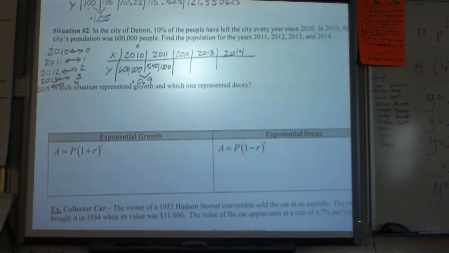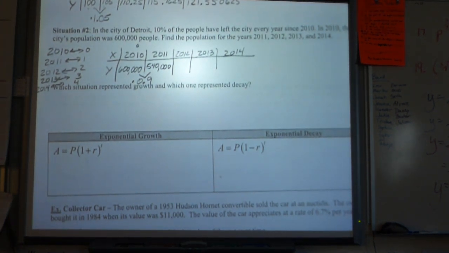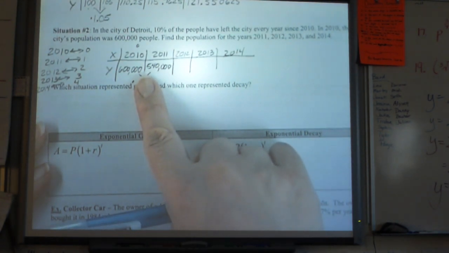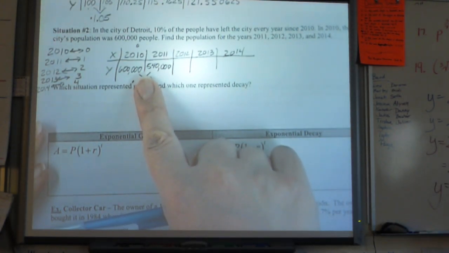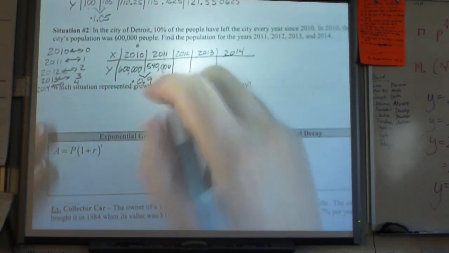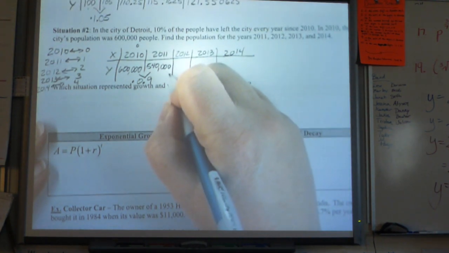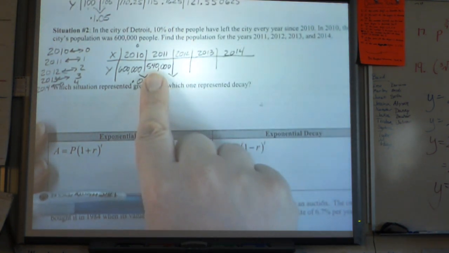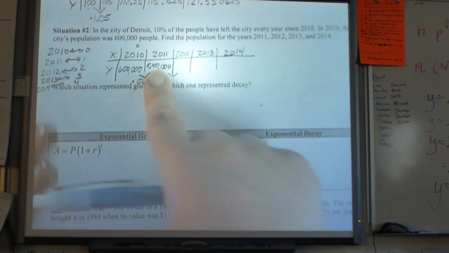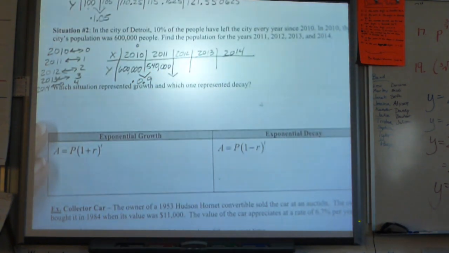Okay, and then the following year, an additional 10% of the remaining people left. So this year, how many people left? 60,000. And then this year, how many people will leave? 54,000, because we have fewer people, so we're taking a percentage of a slightly smaller number.